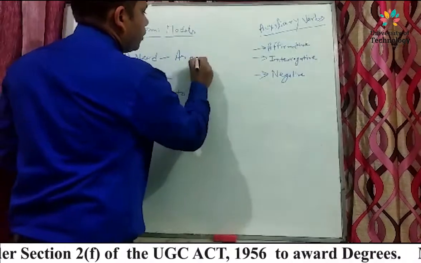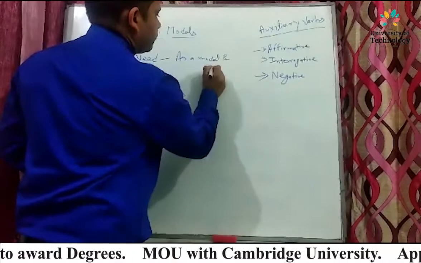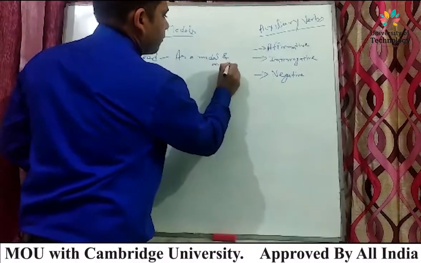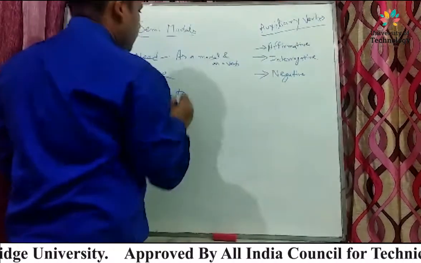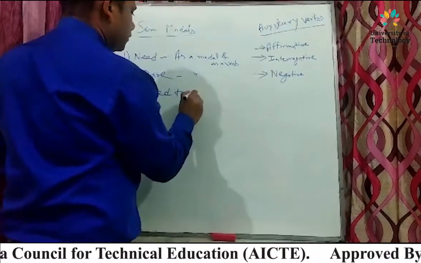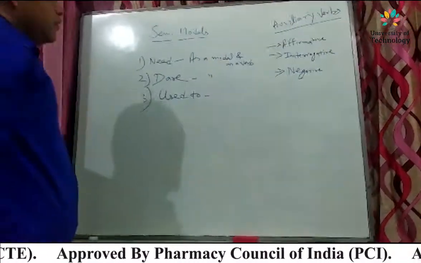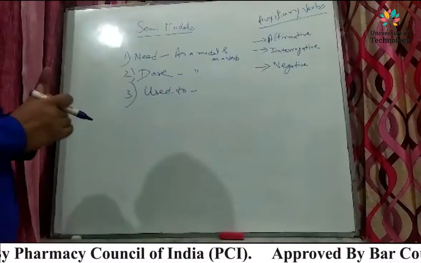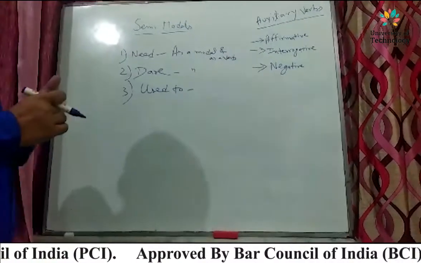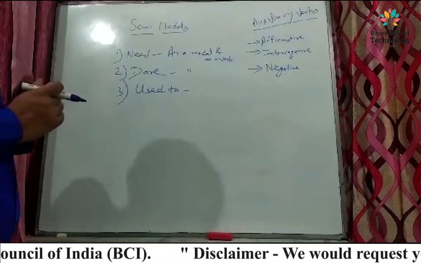The same condition is with dare. Need can be used as a modal and as a verb. Dare can also be used as a modal and as a verb, right?